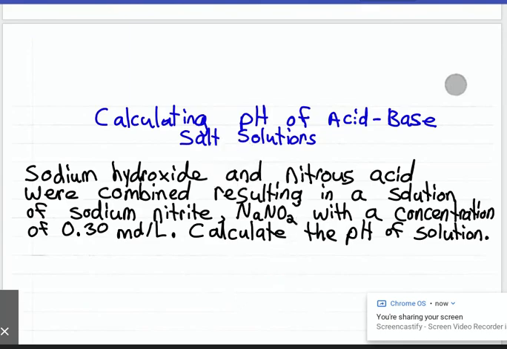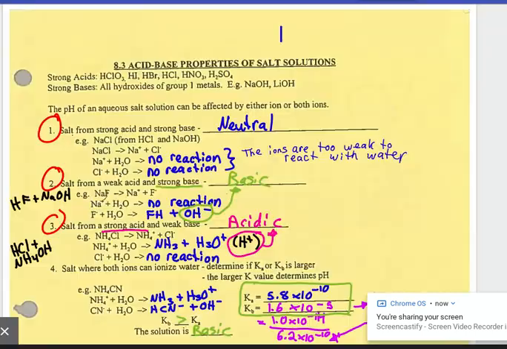We are going to be continuing to look at acid-base salt solutions, and we're going to figure out how we can determine the pH of a solution based on the salt that results from the reaction of an acid and a base. Now, we previously looked at just the properties of a salt solution.